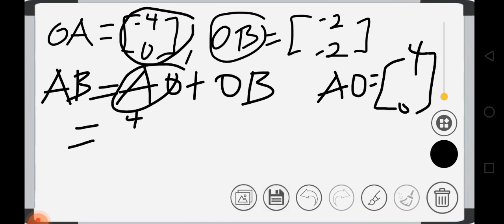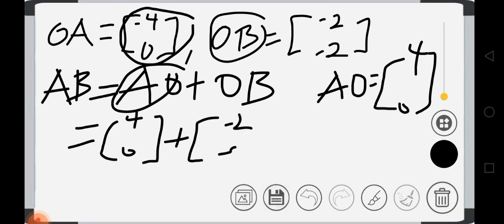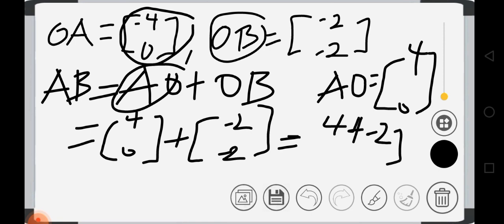So we're going to have 4, 0 plus OB, which is minus 2, minus 2. So that'll give us 4 plus minus 2, and 0 plus minus 2.